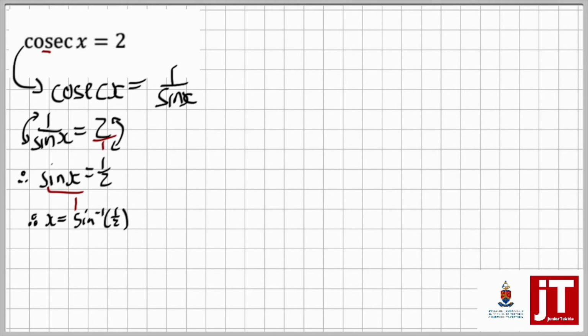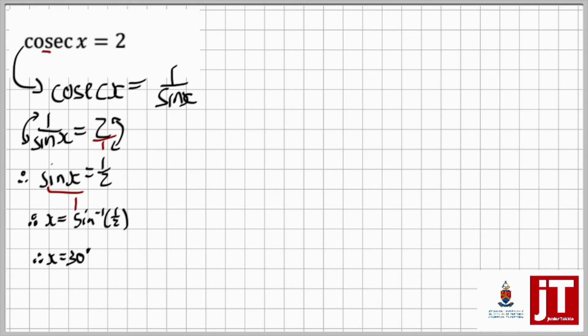Sine to the -1, or arc sine of 1/2, which leads me to x being 30 degrees. So in a nutshell, grade 10s, if you are ever sitting with a reciprocal identity, remember to introduce your normal sin, cos and tan, because those your calculator can work with.